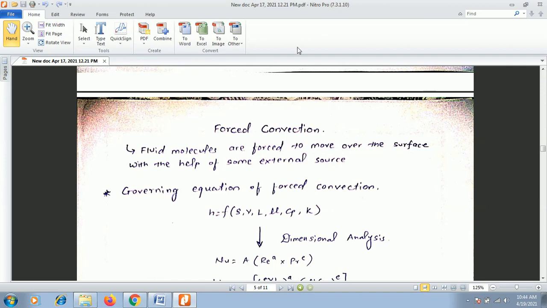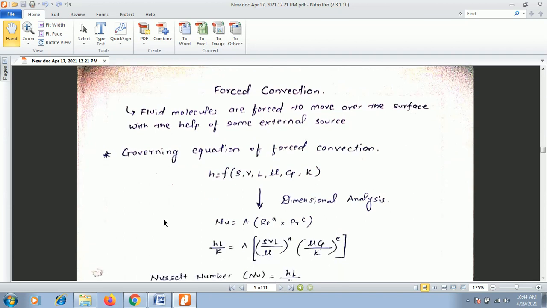Let us learn the governing equation of forced convection. From the dimensional analysis, we come to know that the heat transfer coefficient depends upon the fluid velocity, that is, density, velocity, length, viscosity, specific heat, and the thermal conductivity.